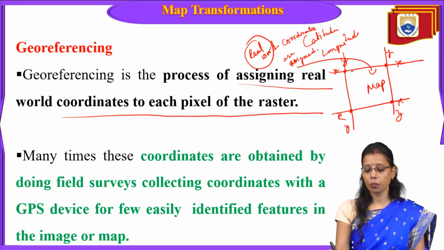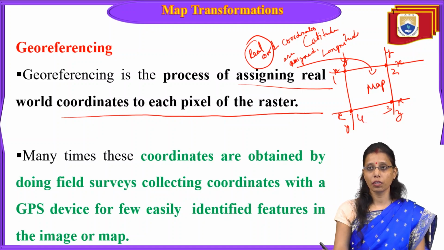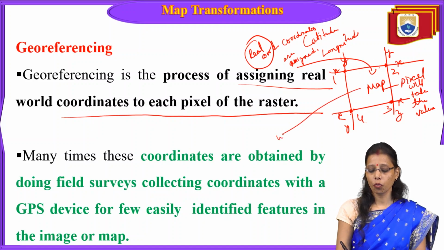Once you put these 4 points, 1, 2, 3, 4, the map is controlled. With the help of the 4 points, the map is controlled. That means the pixel will take the value. Once it takes the values at the 4 corners, automatically the whole map will be georeferenced.